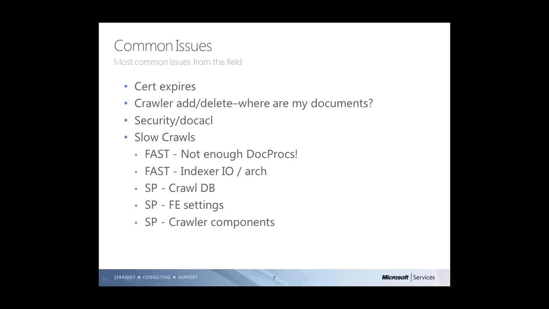Well, most of the customers that I'm seeing right now, they're pulling in from SharePoint 2007 or 2010. That is probably about 90% of the documents that are coming in. There are obviously some other connectors, JDBC, BCS, and those are kind of their own animals.